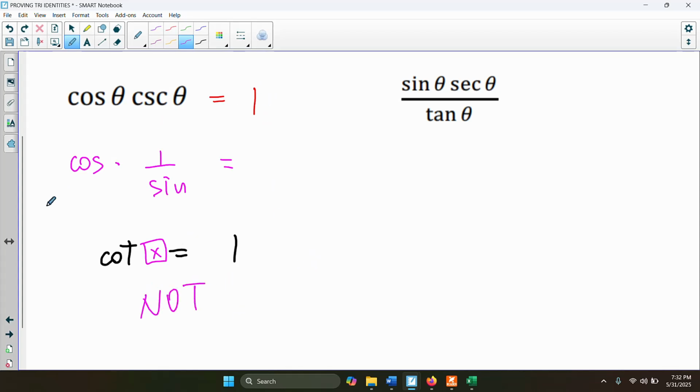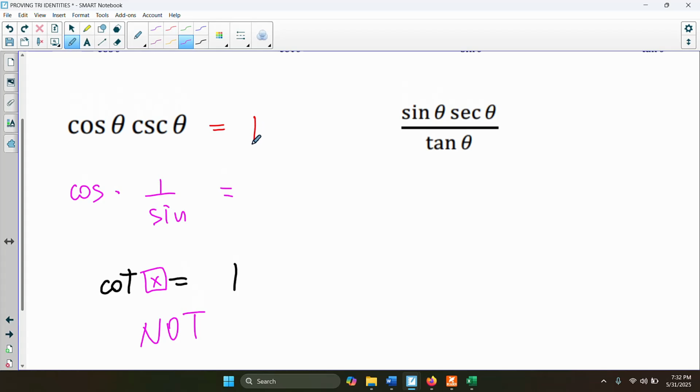Now, if in the original problem, instead of 1, I literally had cotangent, then you do this operation and the other side is cotangent. Yes, I just proved it. Cotangent equals cotangent, of course. Okay.